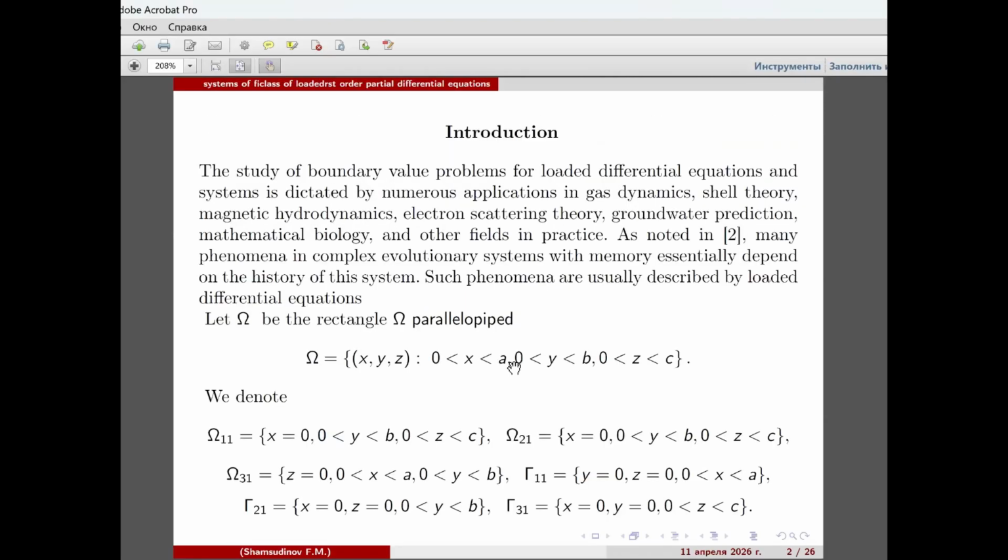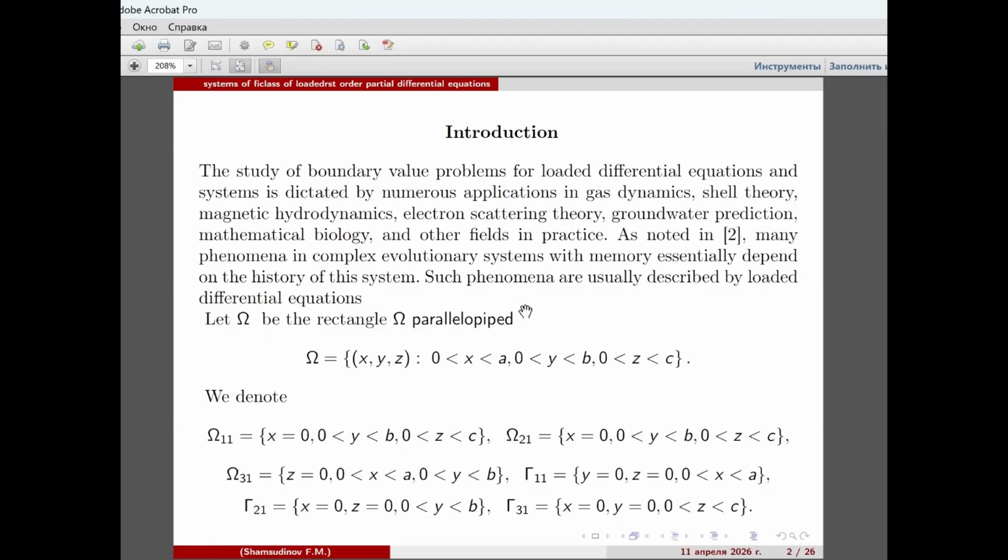Introduction. The study of boundary value problems for loaded differential equations and systems is dictated by numerous applications in gas dynamics, shell theory, magnetic hydrodynamics, electron scattering theory, groundwater prediction, mathematical biology, and other fields in practice.